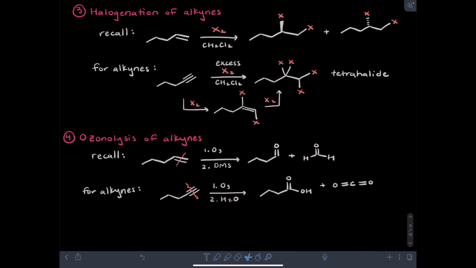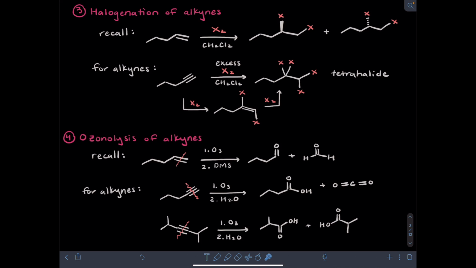In the case of a terminal alkyne, you imagine complete cleavage of the carbon-carbon triple bond, and each carbon of the alkyne has oxygens added to it. The carbon of the alkyne with other carbon groups attached gets turned into a carboxylic acid, and for terminal alkynes specifically, where you have a CH bond off of your alkyne, that carbon group gets turned into an equivalent of CO2.